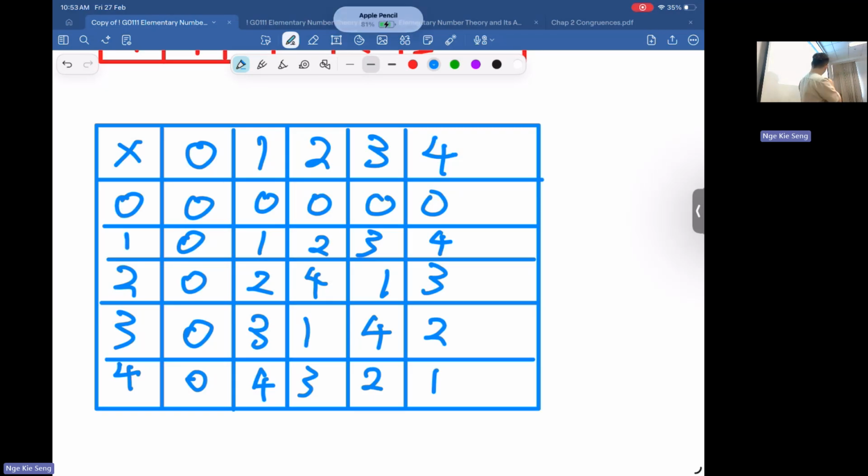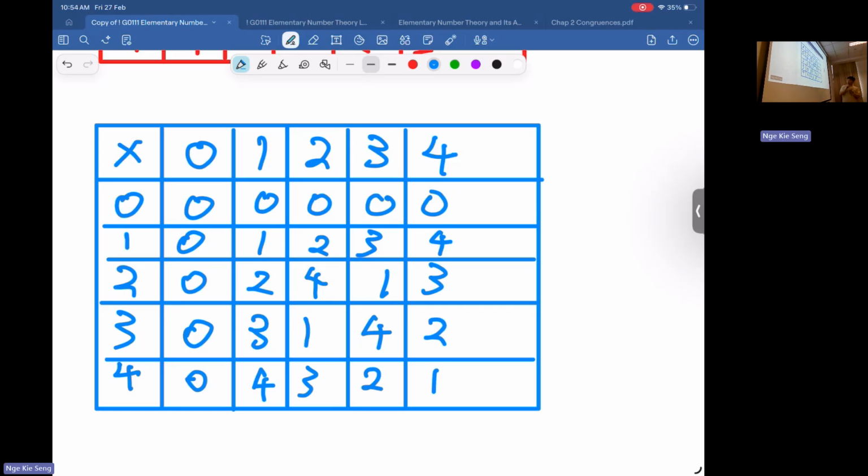So can you see from this table here, we don't quite have that property that every row only has one kind of number appearing. For example, this column here, 0, 0, 0, 0, 0, 0, where 0 is appearing multiple times. And the first row is also the same.